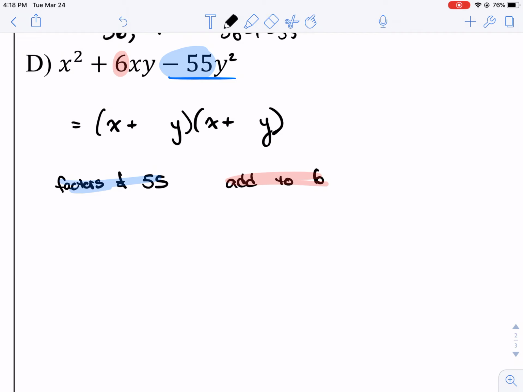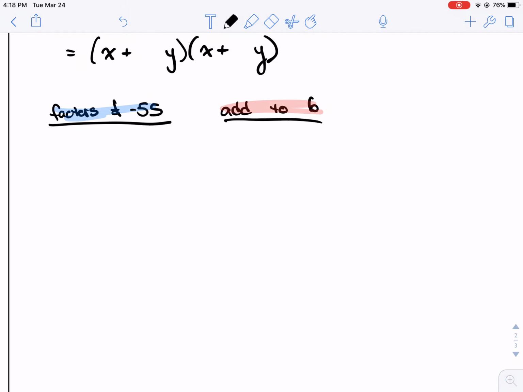Now we do have a negative 55, so we need to list one positive, one negative. Let's go for it. We can do 1 and negative 55, 5 and negative 11, 11 and negative 5, and 55 and negative 1.